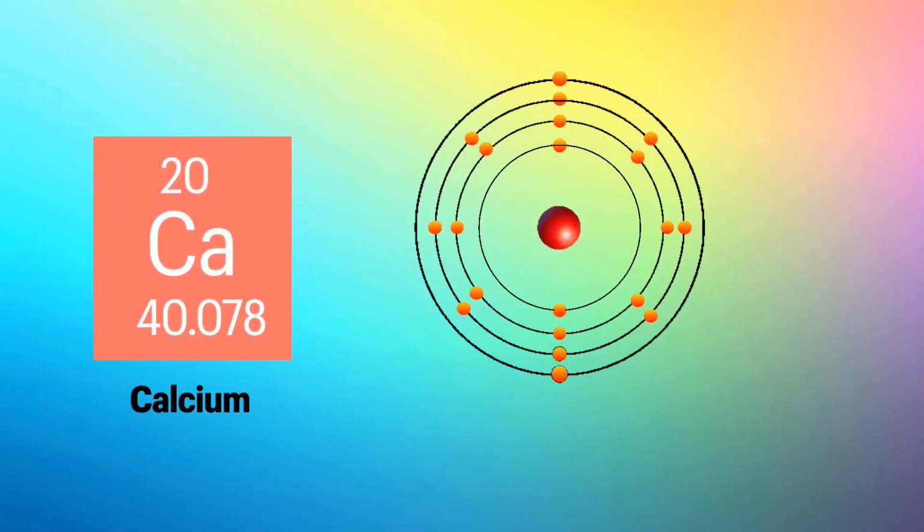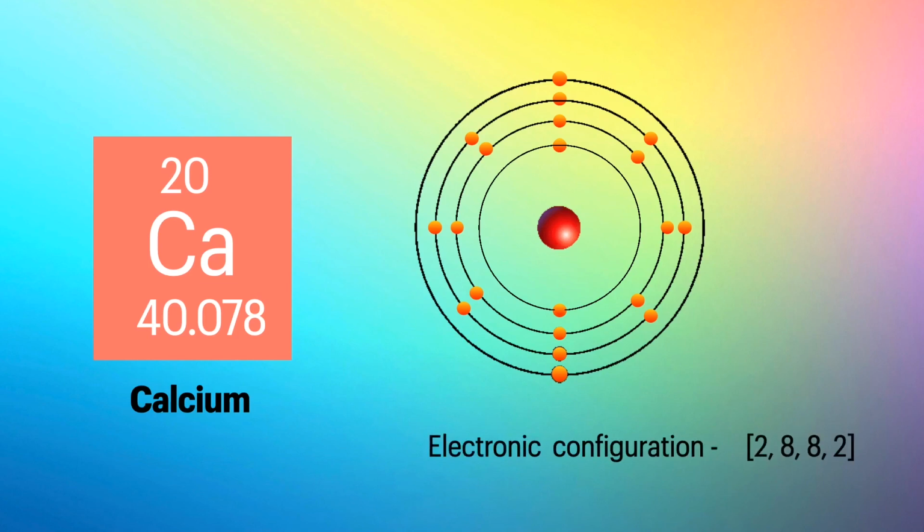Calcium, atomic number 20. It has 2 electrons in the first shell, 8 electrons in the second shell, 8 electrons in the third shell and the outermost shell has 2 electrons. So the electronic configuration is 2-8-8-2. This way you can understand the electronic configuration of the remaining elements.